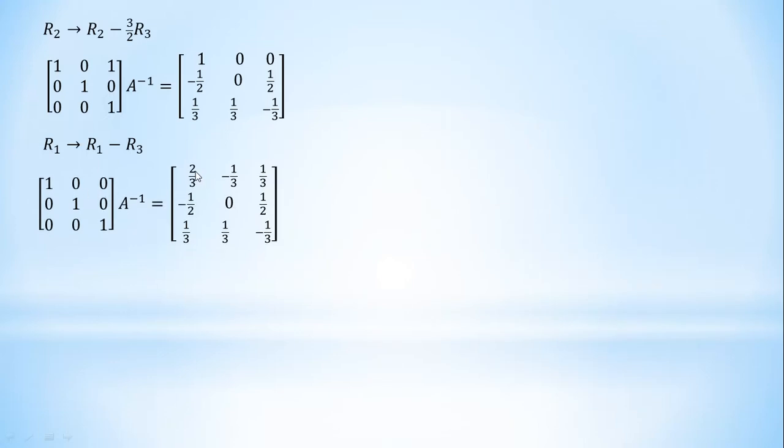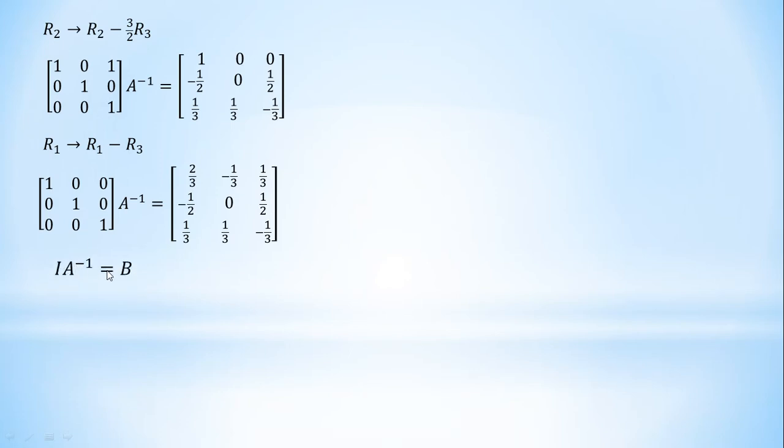Apply the same procedure to the first row of this matrix. Then 1 minus 1 by 3 is 2 by 3, 0 minus 1 by 3 is -1 by 3, and 0 minus minus, plus, so 1 by 3. So the first row on the right hand side is like this, and the second and third rows are as they are. Hence we get the identity matrix here.